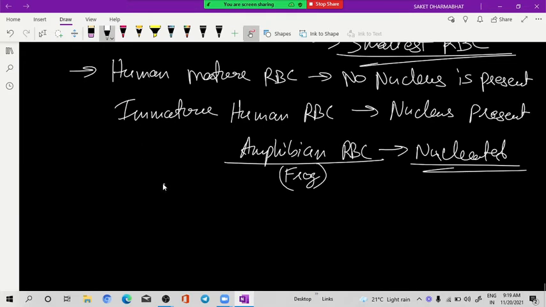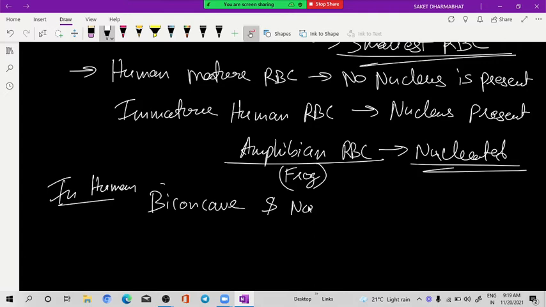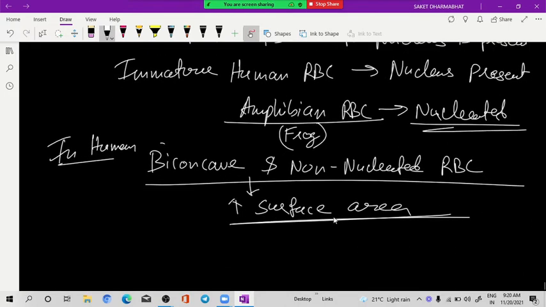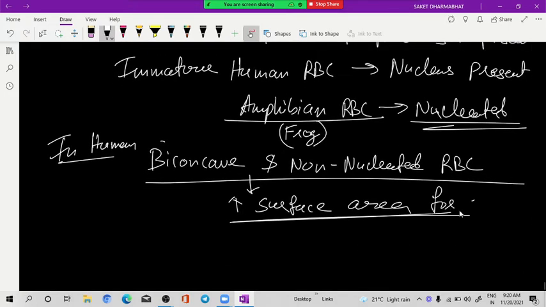See, first of all, what is the use of this biconcave and non-nucleated shape in human? To pass easily through the capillaries. No, this is not the answer. Actually, it increases surface area.